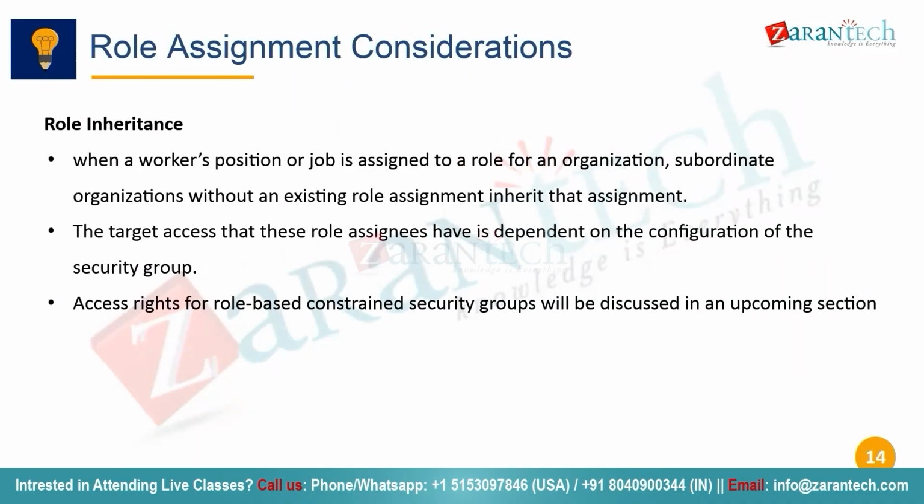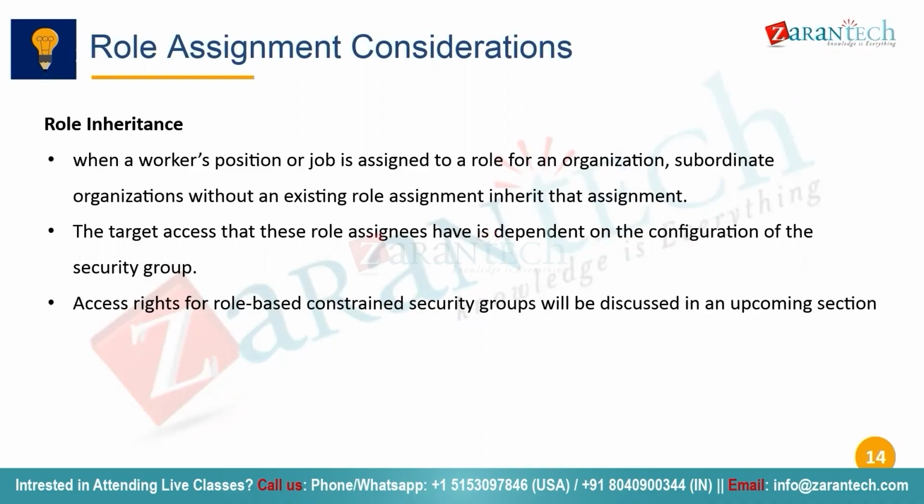When a worker's position or a job is assigned to a role, anything which is not updated in the downstream hierarchy automatically inherits from the top one. Whatever is assigned at the top of the hierarchy trickles down to the bottom of the hierarchy as well.